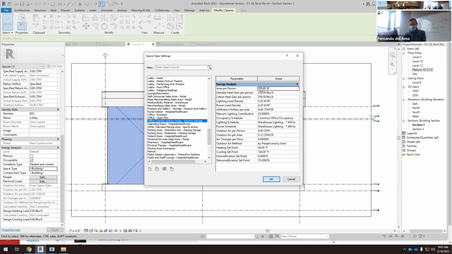And here we have the area per person. We have 358 square feet per person. Is it? Imagine a lobby. Do we have 350 square feet per person in a lobby?